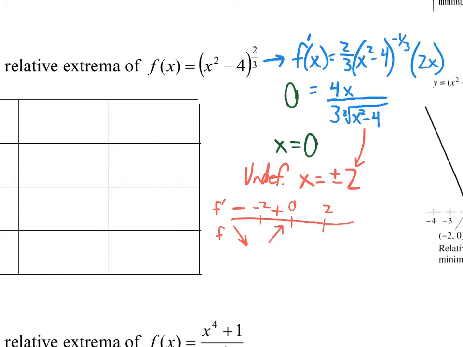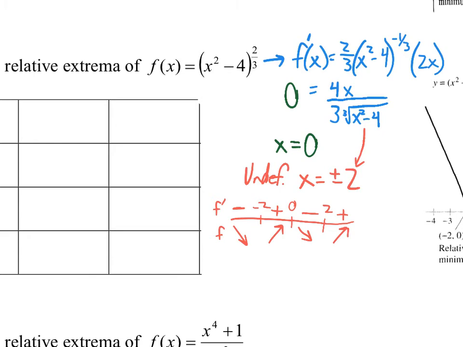Then between 1 and 2, I'll have a positive in my numerator, but in the denominator I have the cube root of 1 minus 4, which is negative. Positive divided by negative is negative. And then if I plugged in 3 to get this range past 2, I'd have a positive on the top and a cube root of 9 minus 4, which is positive on the bottom. So it's positive.